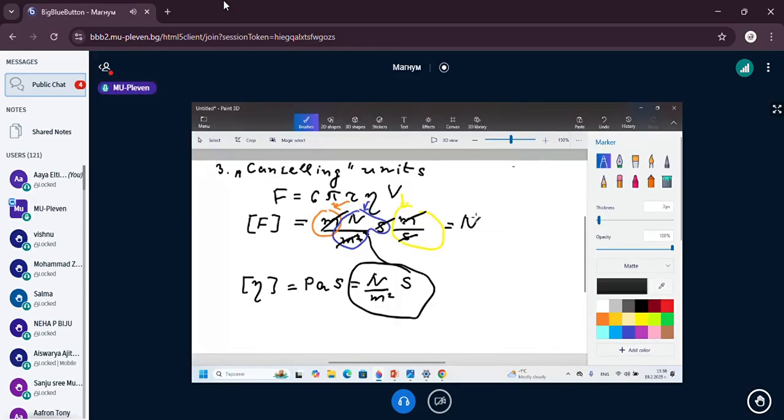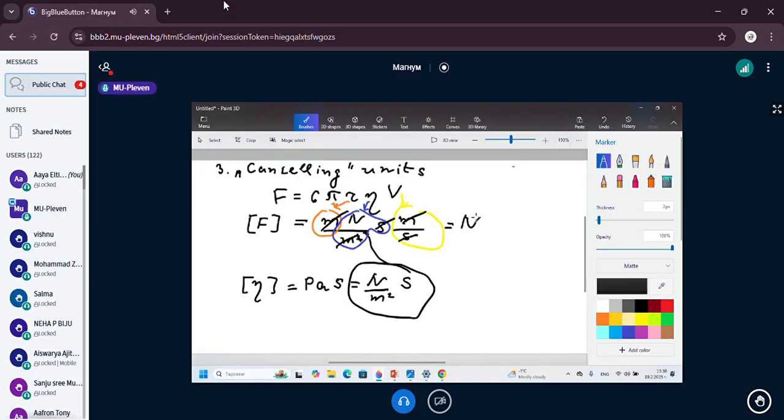So the conclusion is we can cancel equal units which appear both in the numerator and the denominator of some combined quantity.